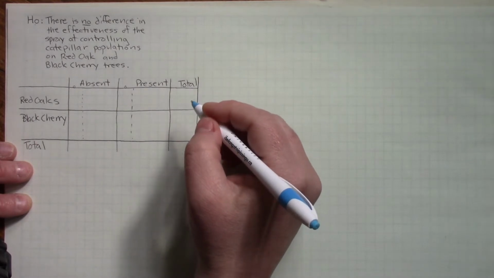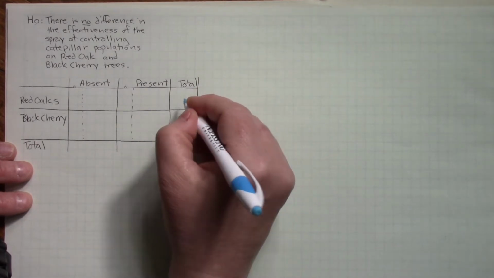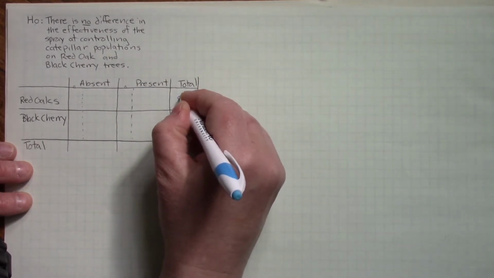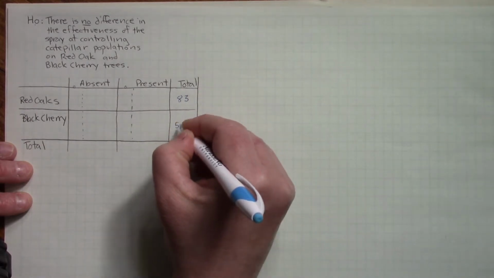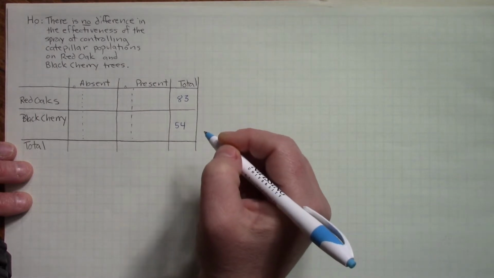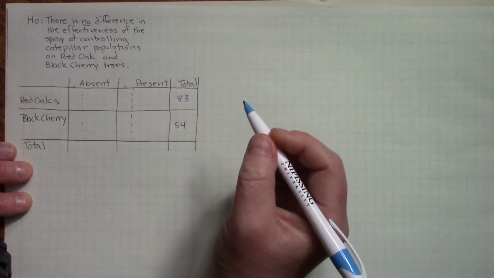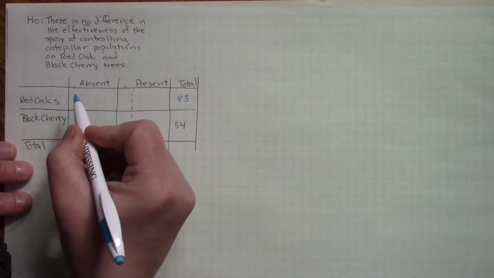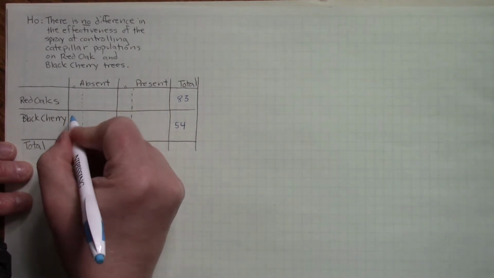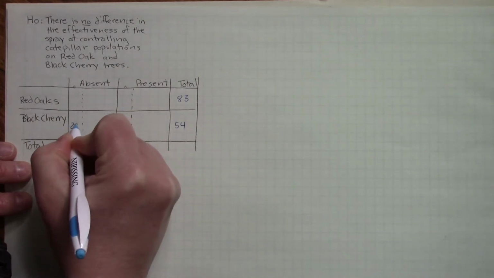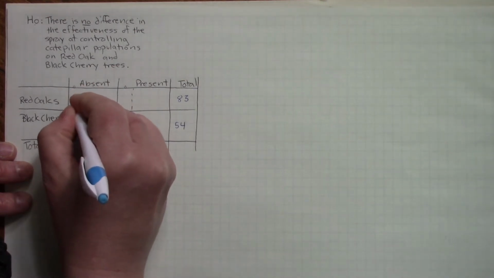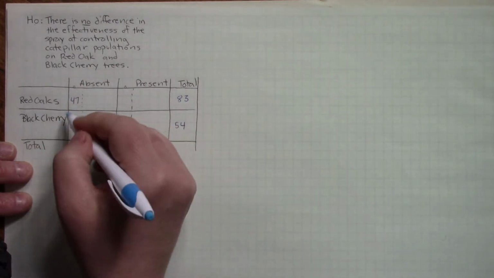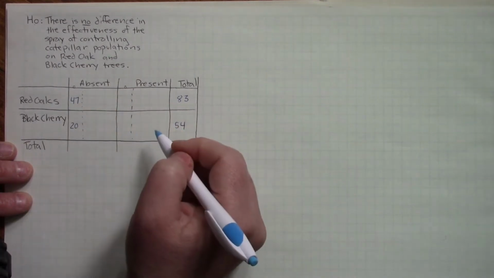In the question, we perform this experiment on 83 young red oak trees and 54 black cherries. And then after a week, we count no caterpillars, so caterpillars absent, on 20 cherries, which is backwards from how they wrote it before, so double check that, and 47 oaks. They do oaks and then cherries and then oaks, which confuses people frequently.